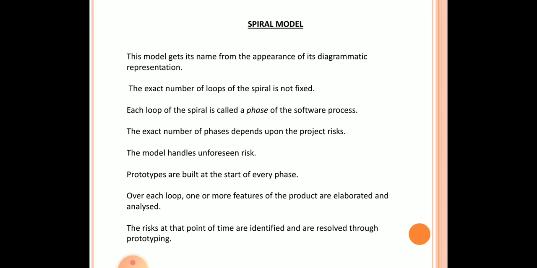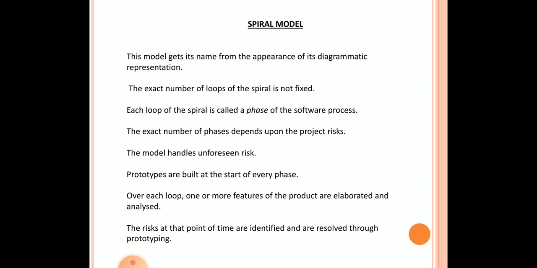So it provides great flexibility for the development team, and it achieves the benefits of the prototyping model as well. Building a prototype can handle many more change requests at any time of the development phase. For each phase, prototypes are built, and every phase is implemented using the waterfall model.